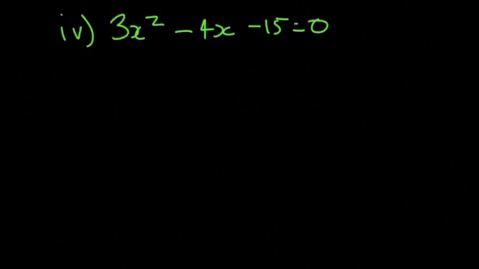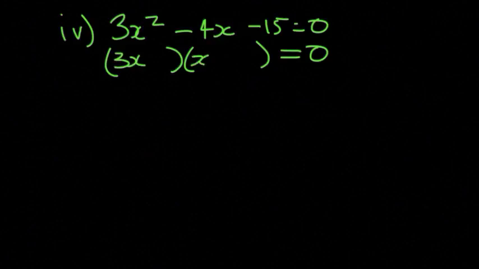I'm going to factorise that straight up by putting in two sets of brackets equal to 0. I know that I have to have a 3x and an x in the front of the brackets, and then the factors of 15 that are going to work best are plus 5 and minus 3. And I'm going to apply the pattern that I just pointed out to find the values of x. x is going to equal, we look at this number, the 5, and divide it by the 3, and we change the sign.